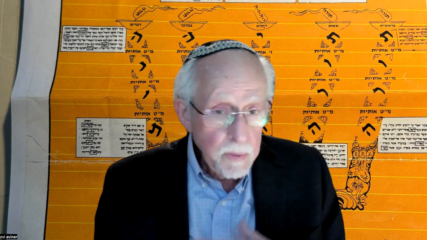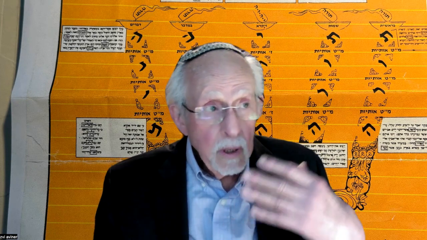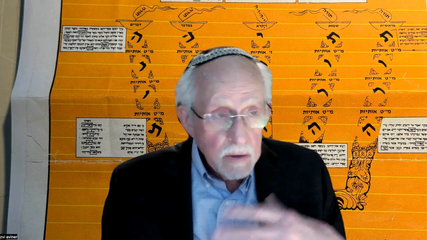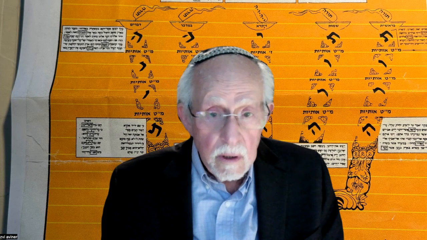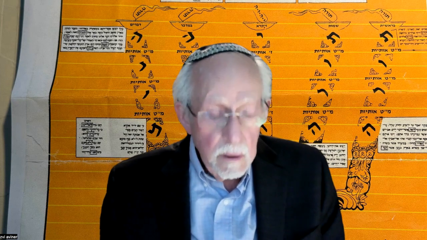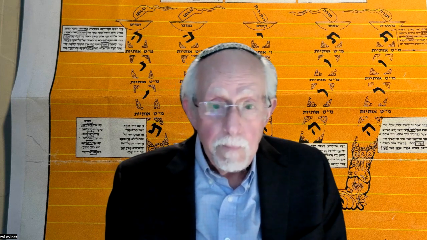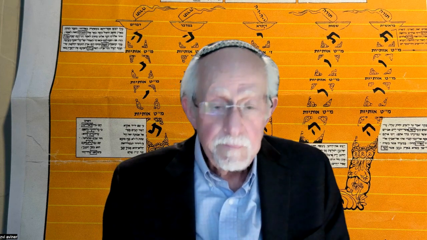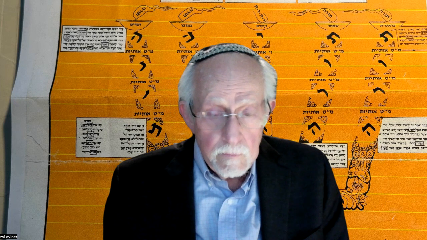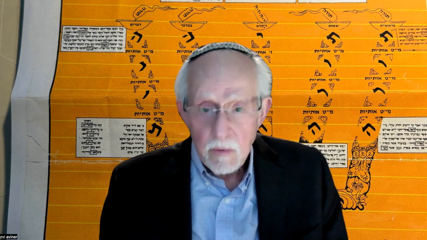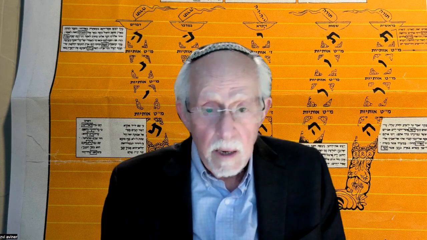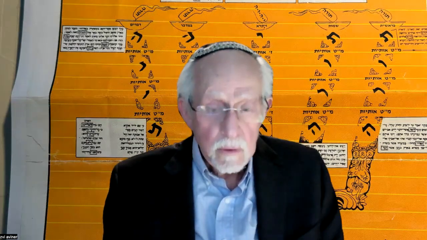Now, you prostrate your wills, your desires, your behavior, and you say to Hashem, this is what I am. I acted from my free will, and I bring it to you.